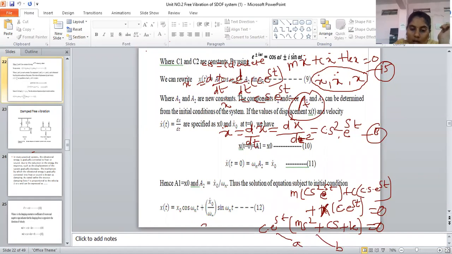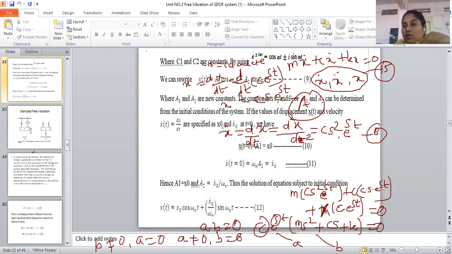When a dot b is equal to 0, then as per the mathematical equation, if a is not equal to 0 then b is equal to 0, or if b is not equal to 0 then a is equal to 0. But c and s have some values that we have to calculate. That's why the equation b, that is the parameter b, ms square plus cs plus k is equal to 0.